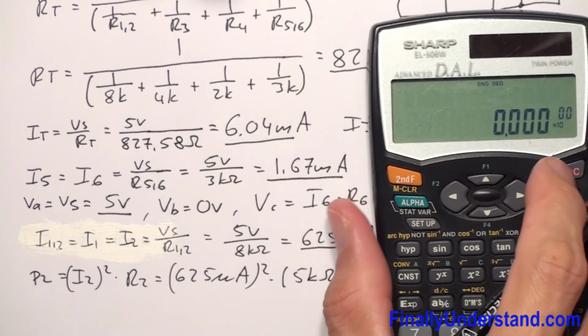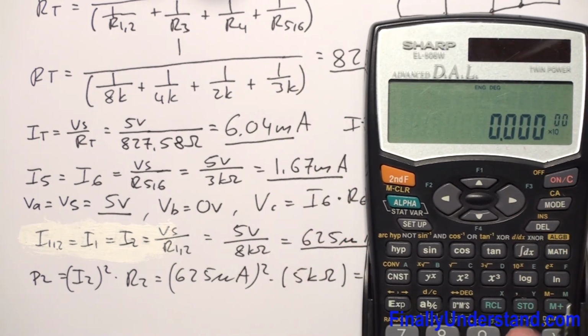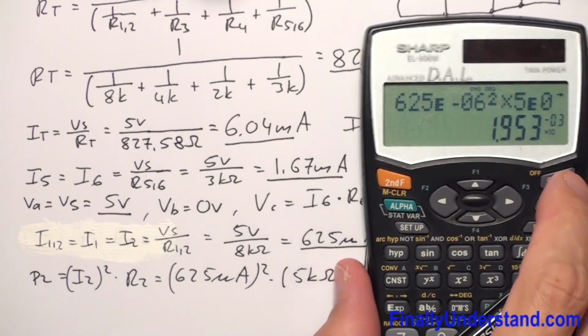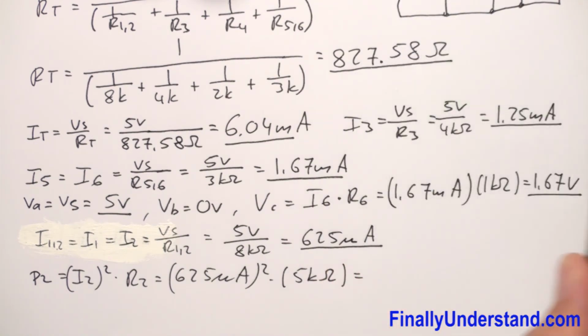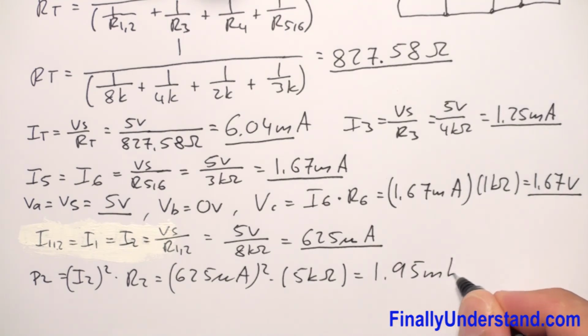This is equal to 625 times 10 to the power of negative 6, to the second power, times 5 times 10 to the power of 3, which equals 1.95 milliwatts.